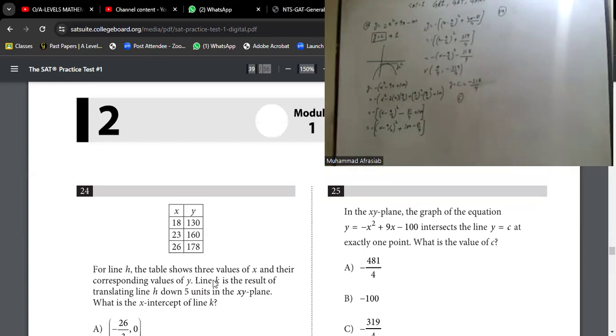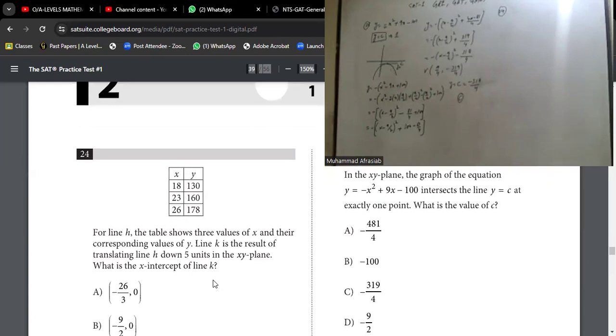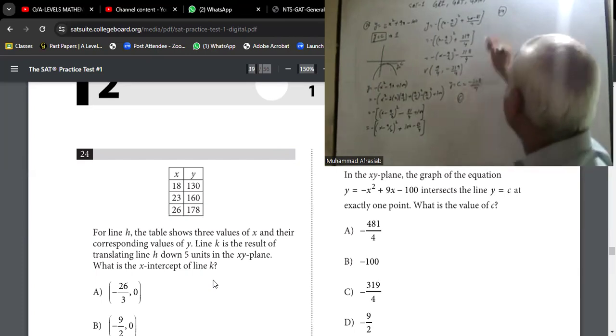This was question number 25. Now question number 26.